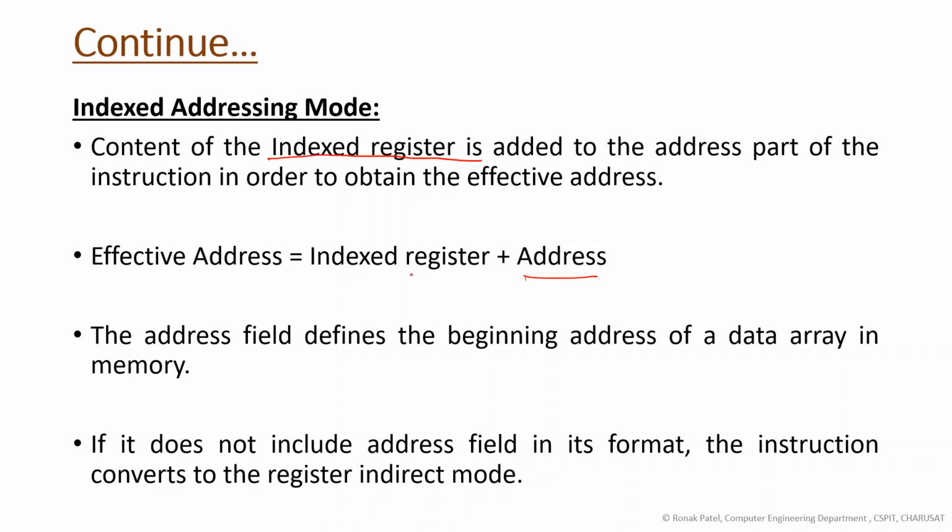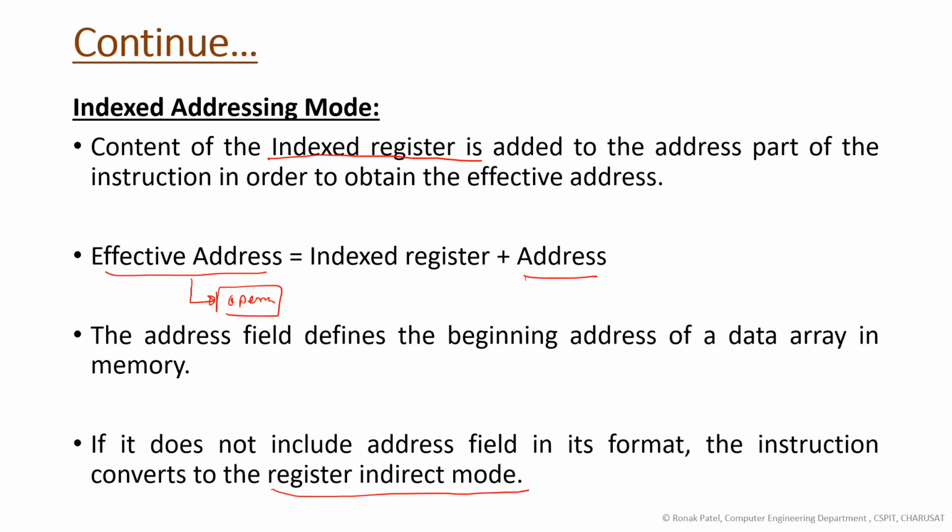So that is register indirect mode. The effective address gives the address of the operand, where the operand is. So if the address field is not there, then in the index register the address will be there, which gives you the operand. So it is similar to register indirect mode.